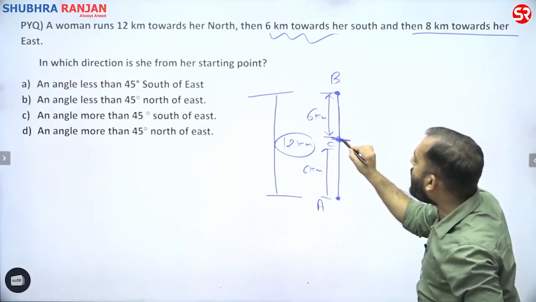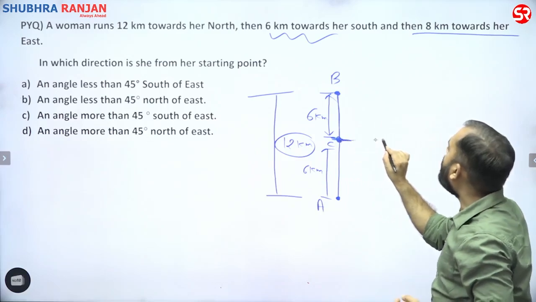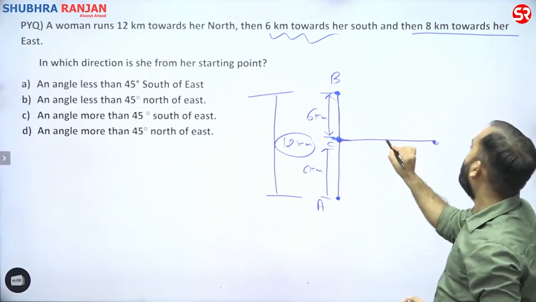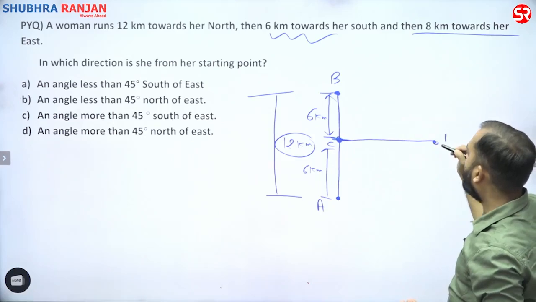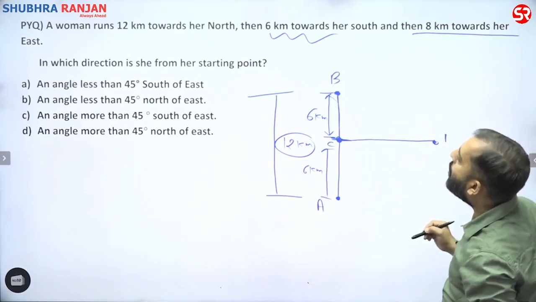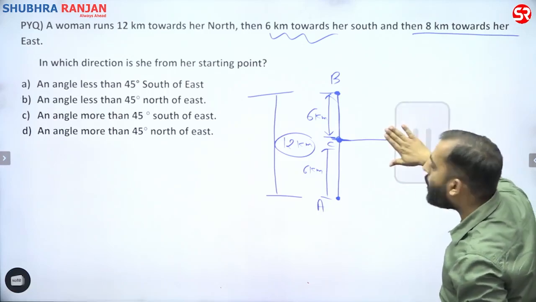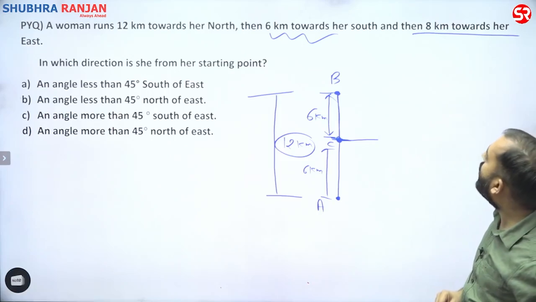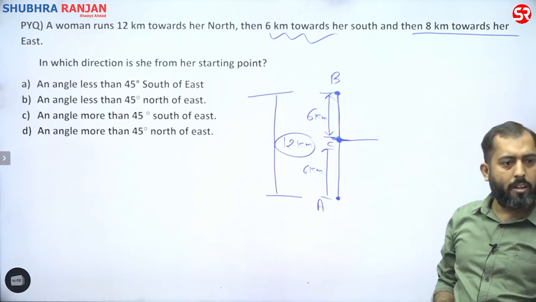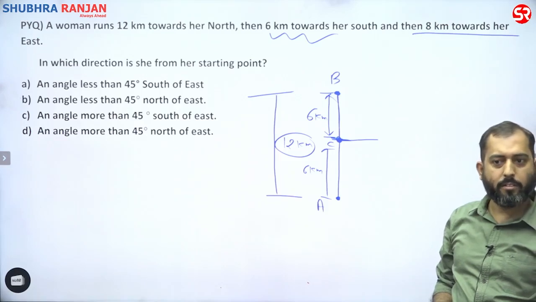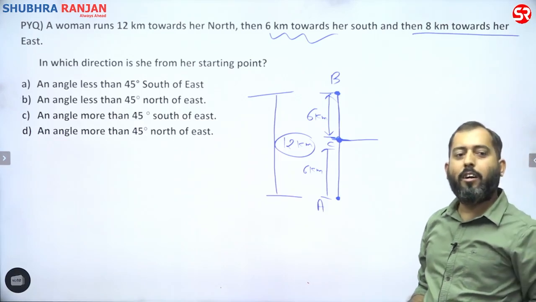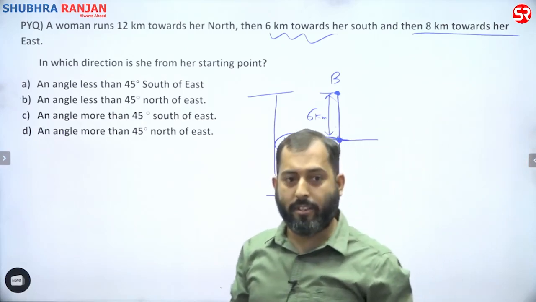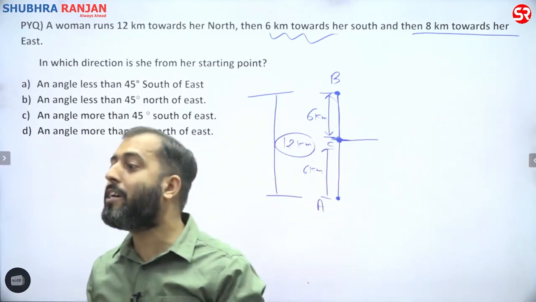From point C, she went 8 kilometer east. So let's say this is a point.